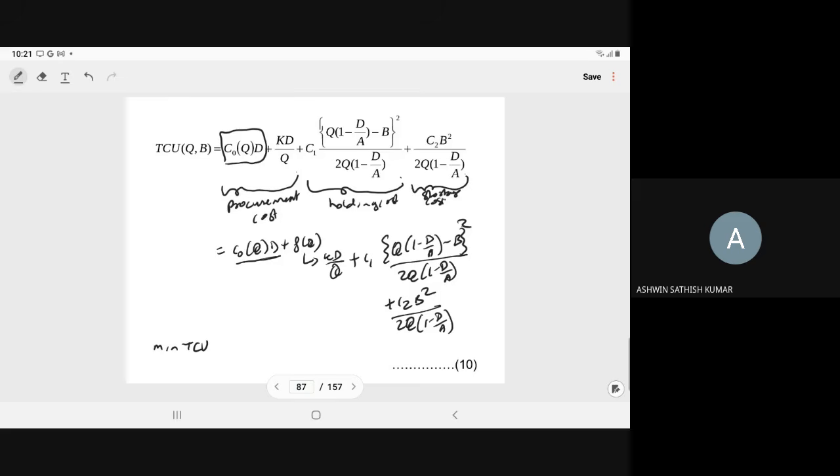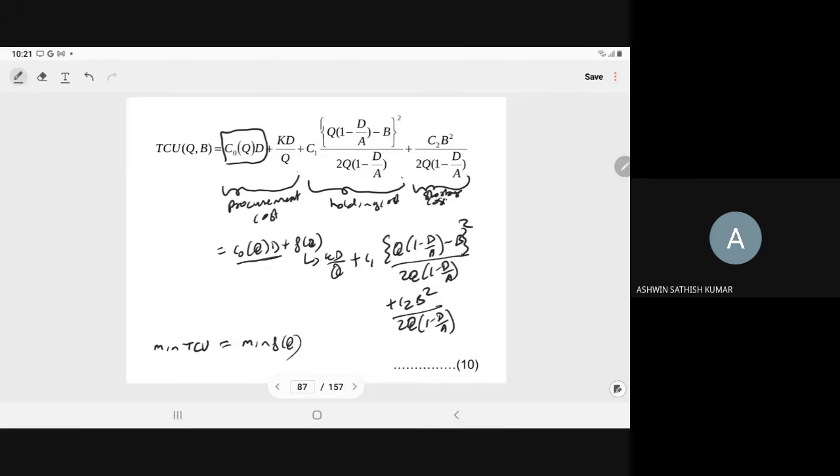If I say Q is 150, it will be a constant. So it is a constant. It means TCU is minimum when we have the minimum F(Q).